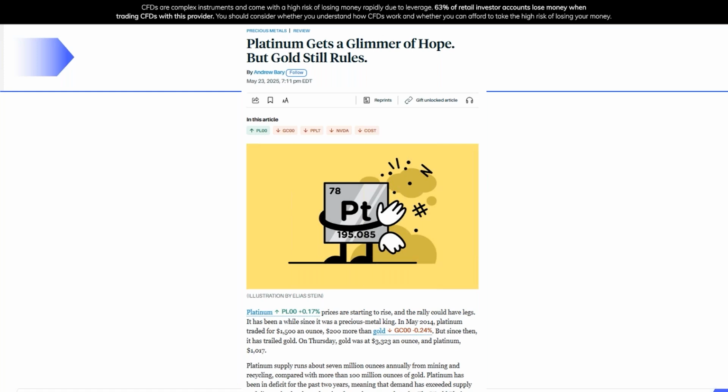Platinum has been in deficit for the past 2 years, meaning that demand has exceeded supply and the market has been drawing down aboveground stocks. The World Platinum Investment Council estimates that the deficit will continue in 2025. So what does it tell us? That gold continues to be a leading instrument among precious metals.